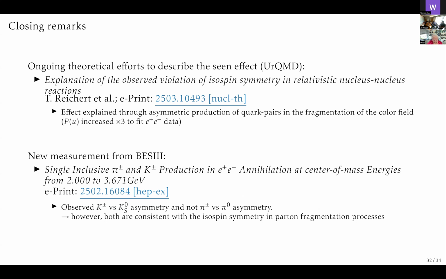So this is interesting, but in the paper they say that both are consistent with isospin symmetry in the parton fragmentation process, which I believe tries to explain both our AA results and this electron-positron annihilation in the same way.